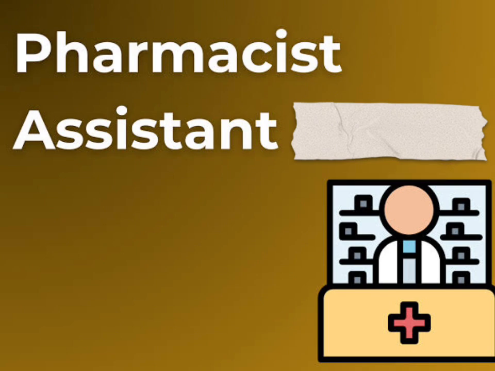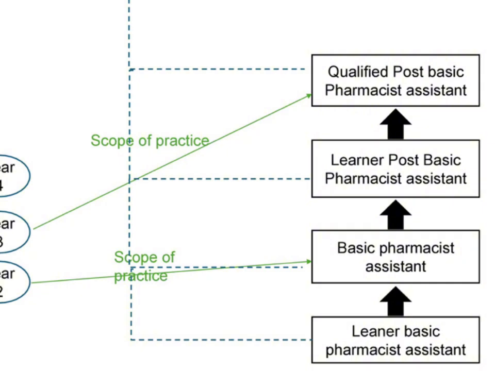So as I mentioned before, a pharmacist assistant goes through a 2-year training course. After completing the 2-year training course, they qualify to register as a qualified post-basic pharmacist assistant. Based on the pre-approved curriculum, each year they are allowed to register under a certain scope of practice. In their first year of training, they register as learner basic assistant, then basic assistant after completing their first year. In their second year, they become learner post-basic pharmacist assistant.